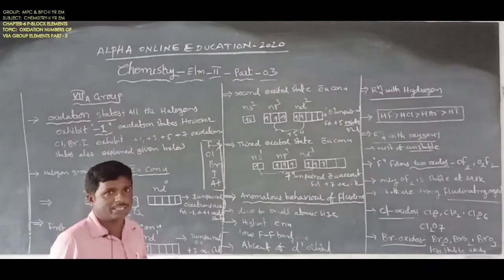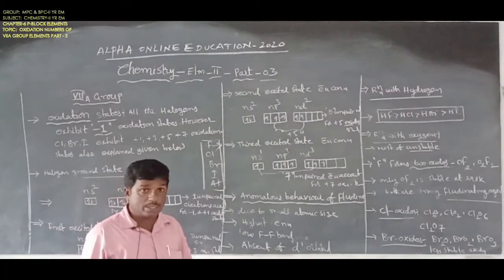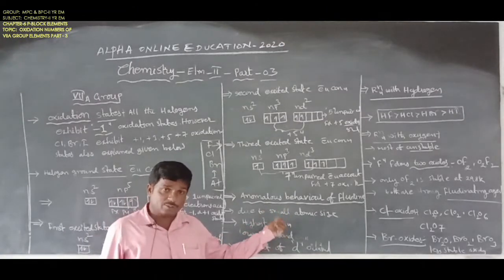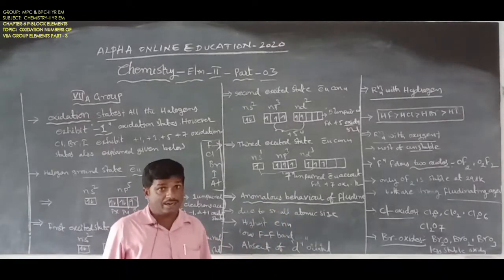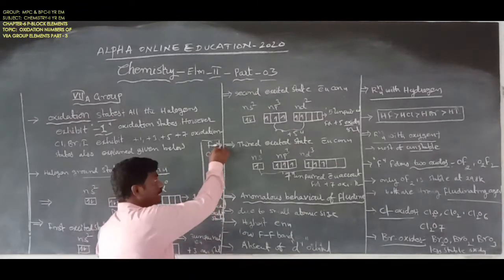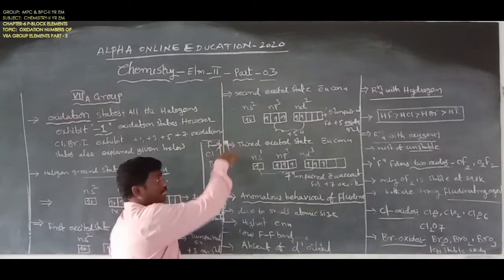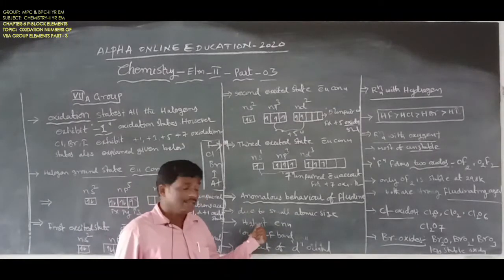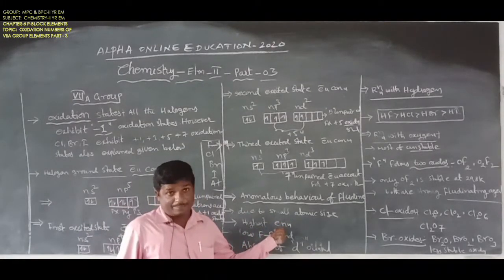Fluorine shows anomalous properties due to its small atomic size, or small atomic radius, or small atomic number, that is 9, and high electron enthalpy.